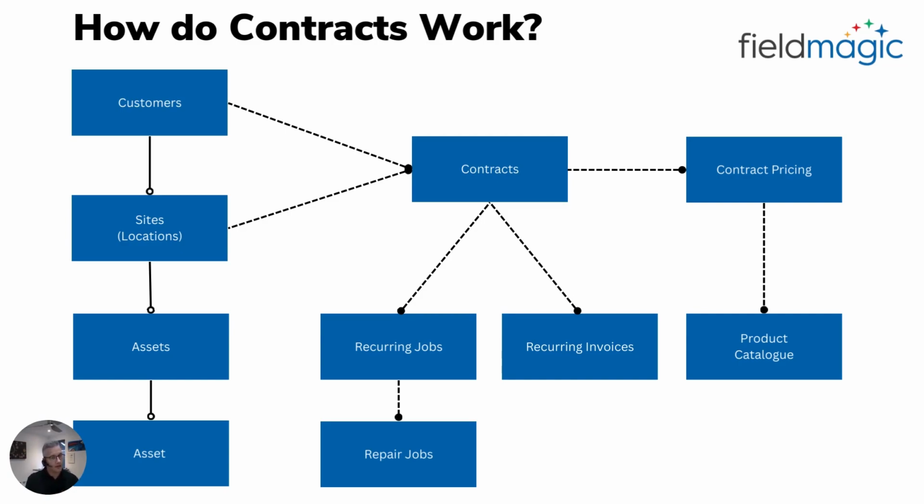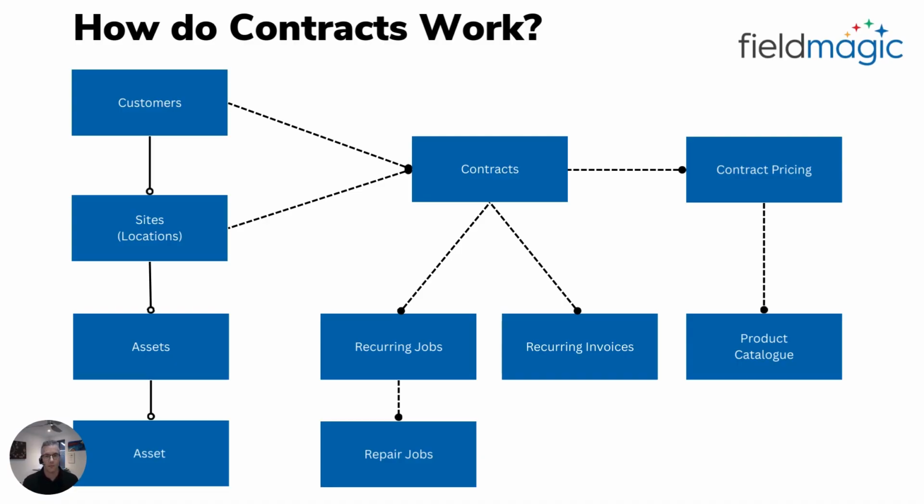Price books are general lists of custom pricing for groups of customers or just generally available within the system, whereas this one is specifically available against a contract. And you can even have multiple contracts against a customer, and depending on the contract you select, it'll change the pricing. The priority is contract pricing, then price books, then standard list pricing.